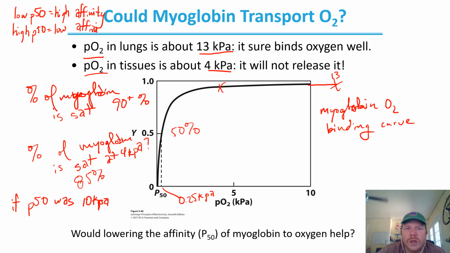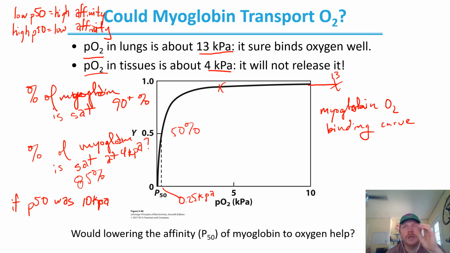And it's strange to think about this in terms of, do you want the protein to release the oxygen? But that's the way that you kind of have to think about it. If the P50 was 10 kilopascals and the environment had a concentration of 13 kilopascals, the environment's concentration would get that protein to at least 50% saturation.